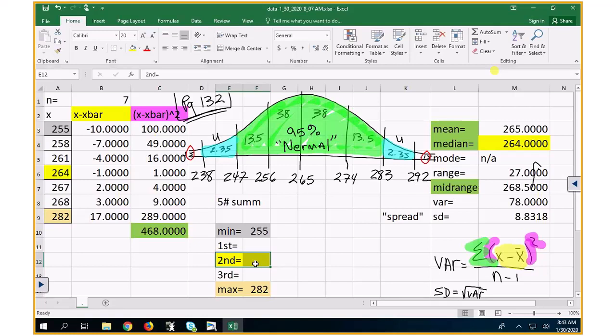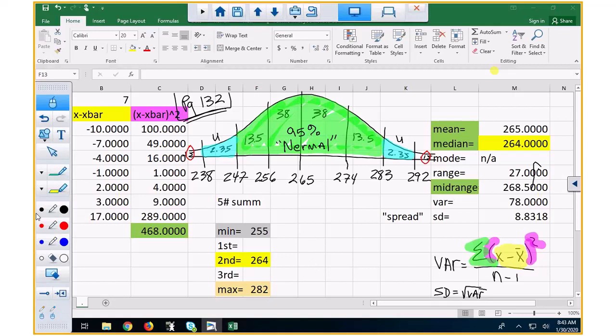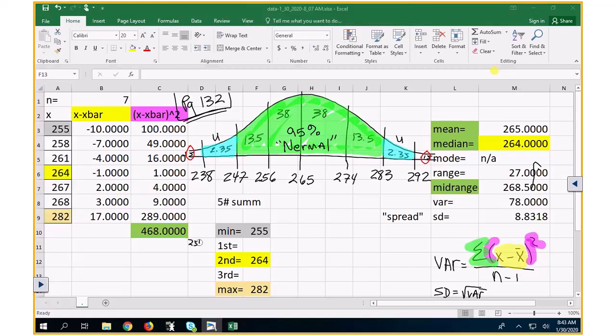So the second quartile is the what? The median. Write that down. The second quartile is the median. Now these are also called, this is also called the 25th percentile. This is also called the 50th percentile.